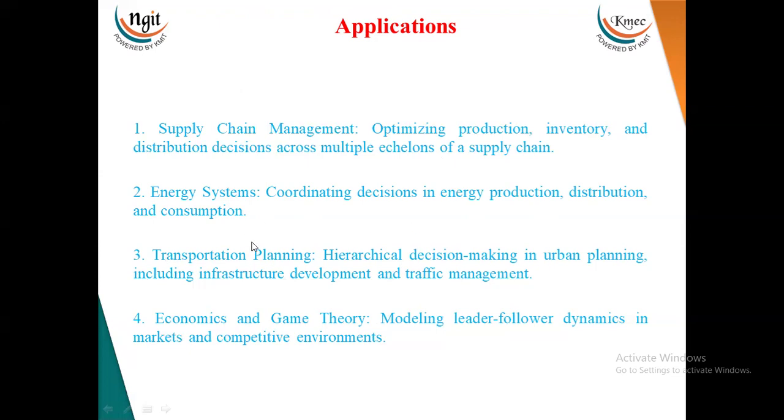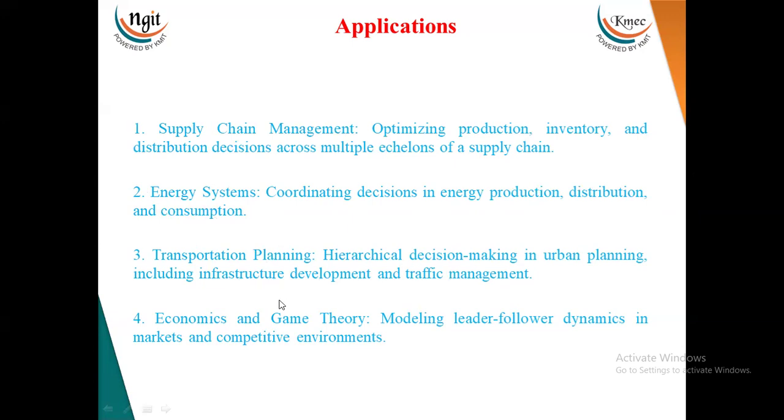Next one is energy system, where we have energy production, distribution, and consumption. Production will always depend on the consumption. If the consumption is high, the production will be more, and the distribution will depend upon the consumption and production. Okay, so who is requesting, and who is producing. This has to be balanced with the distribution. Next one is transportation planning.